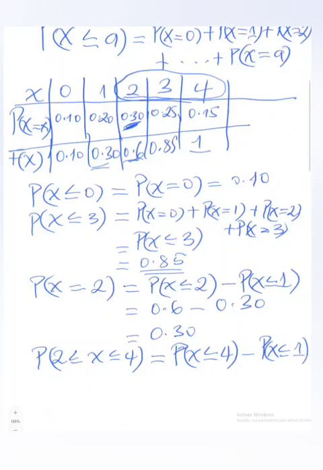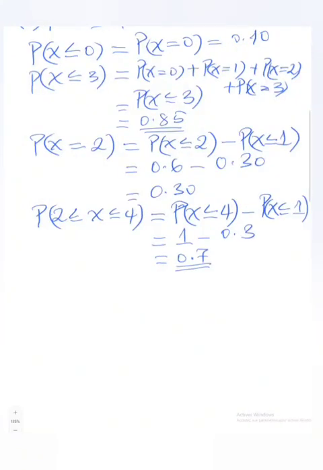So when I get the sum of the probabilities from 0 to 4 minus the sum of the probabilities from 0 to 1, I will now get the sum of the probabilities from 2 to 4. And that gives 1 minus 0.3, which gives 0.7. If you had to do it the other way around, by summing the probability values up, you would have 0.3 plus 0.25 plus 0.15, and it corresponds to 0.7.